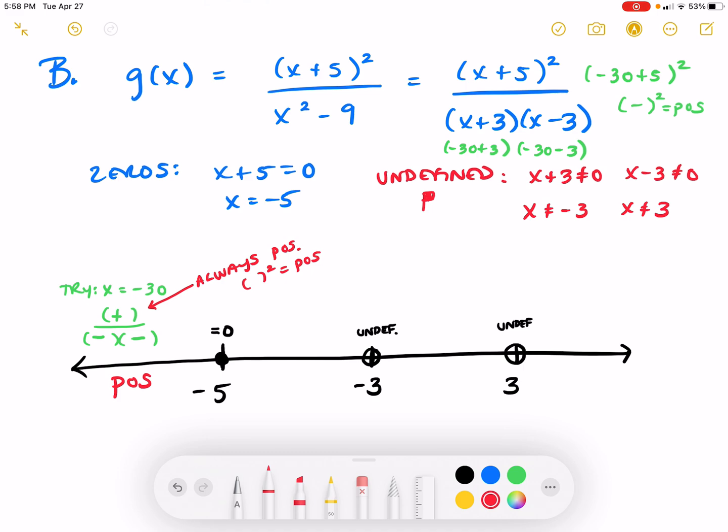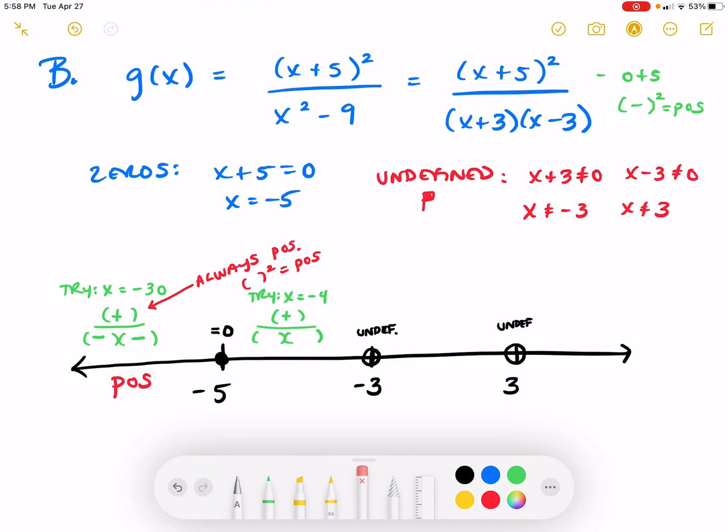So now let's try this interval between negative 5 and negative 3. Let's suppose that we try x equals negative 4, okay? So we've got our numerator and two factors in the denominator that we need to look at. Well, we've already talked about how because of the squared, the numerator is always positive.